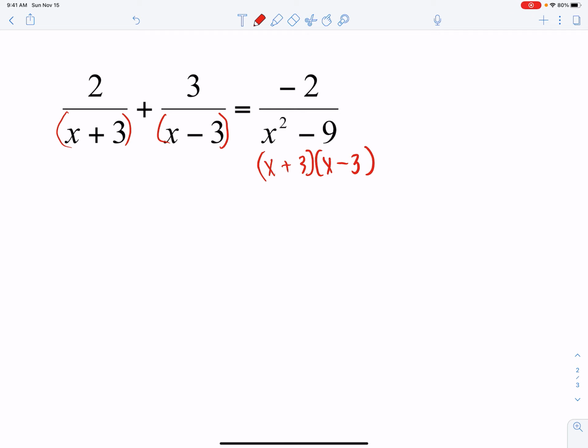So you can see that the common denominator that includes all of our possible factors here is x plus 3 times x minus 3. So let's take the time to write that out so that we won't make as many mental mistakes.